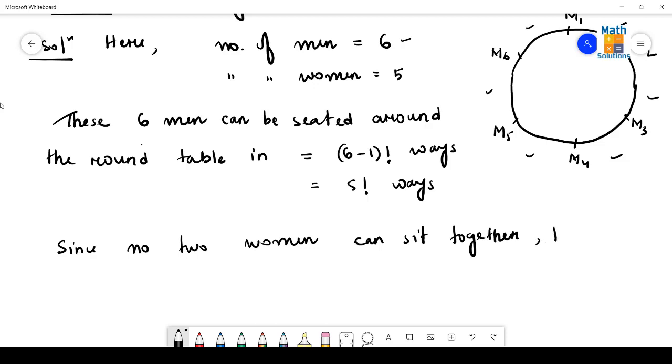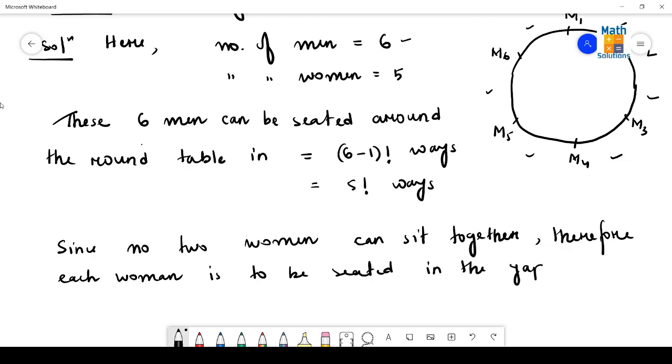Therefore, each woman is to be seated in the gap between two men. So we get here in total 6 gaps.